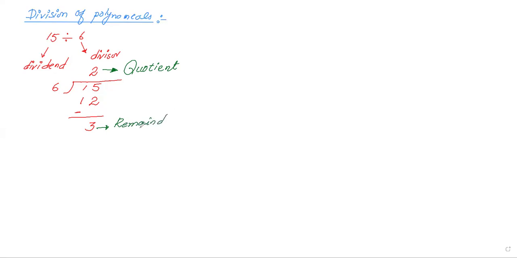So whenever you start the process of division, you have 4 quantities. The first is called the dividend, the second is called the divisor, the third is called the quotient, and the last is called the remainder.